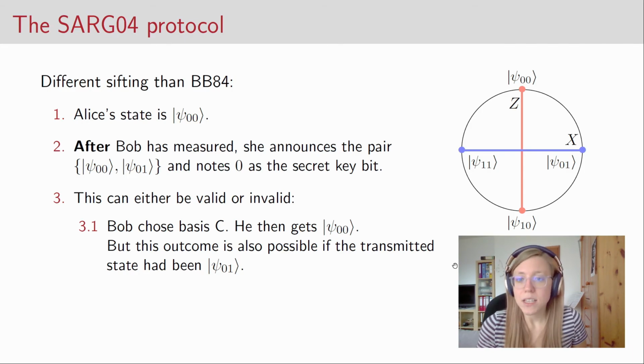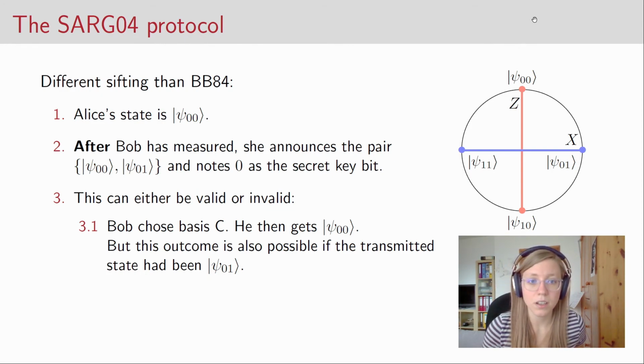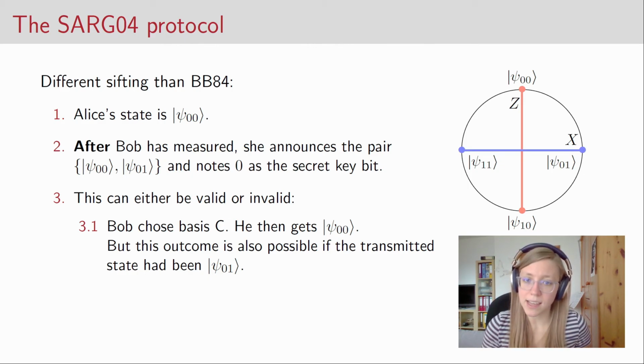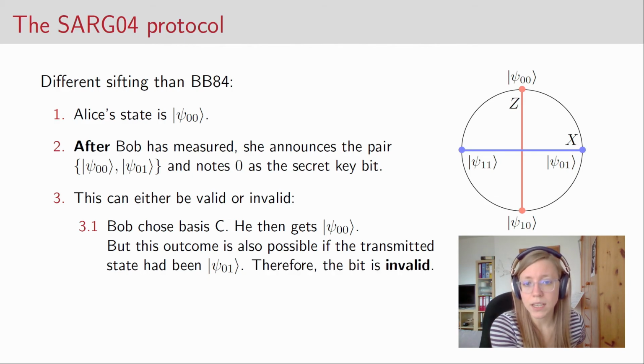Because if Alice had sent the state psi01 and Bob has measured in the computational basis, he would have gotten with equal probability the state psi00 here, or the state psi10. So his measurement result psi00 is consistent with both of the candidate states, and so he cannot actually conclude which was the state Alice has sent. So he announces that the bit is invalid.